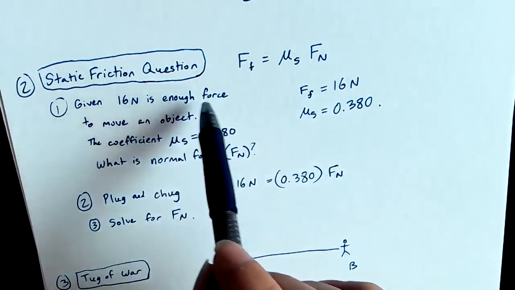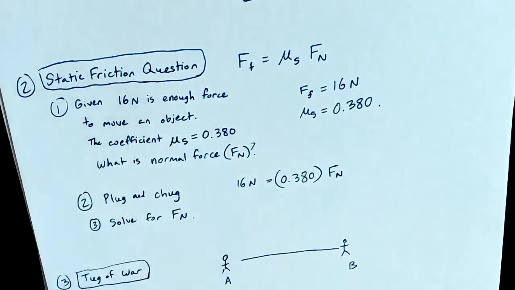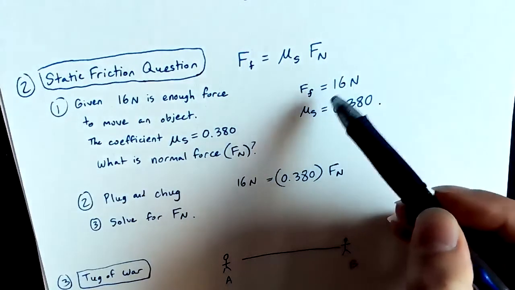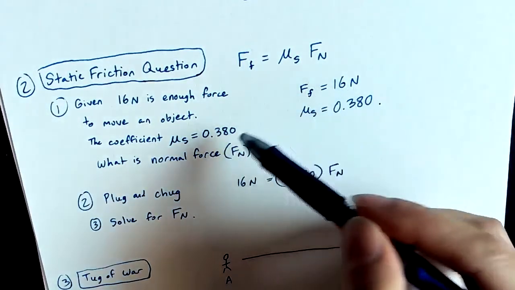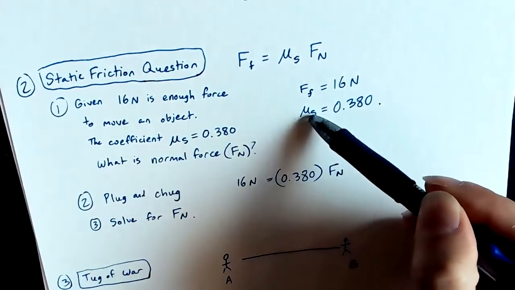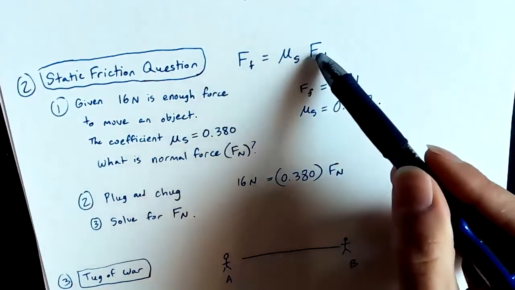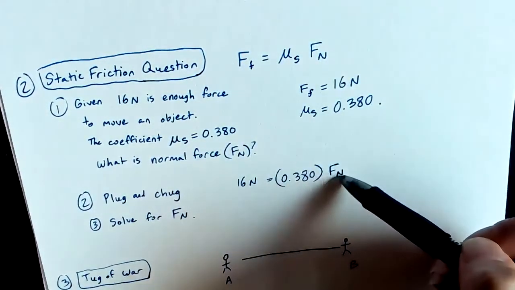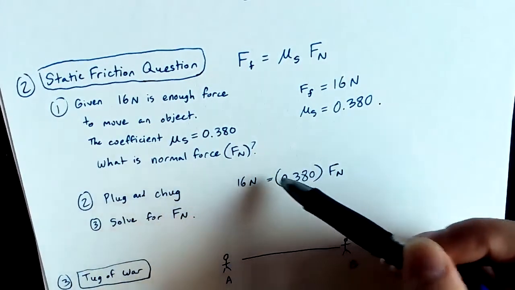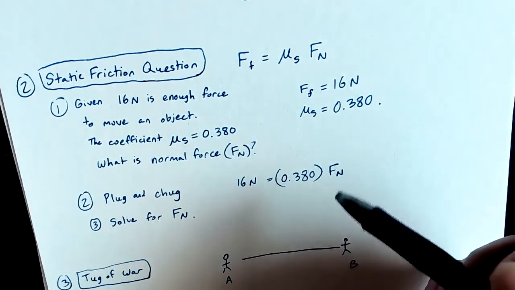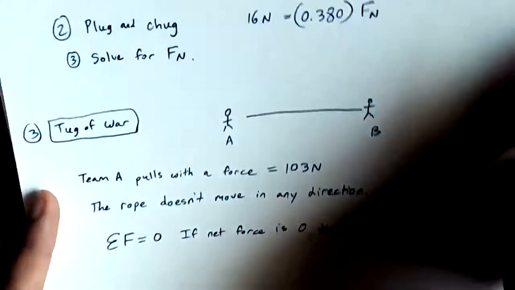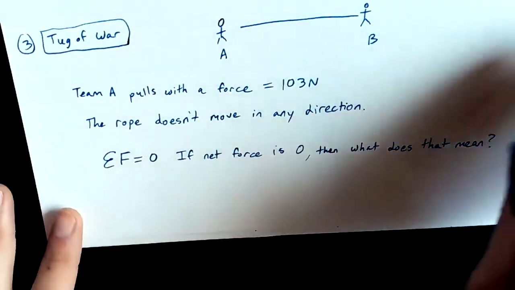Whenever it says "is enough force to move an object," that's a red flag for friction force. The friction force is 16 newtons. And then they give you the coefficient. So all you need to do is plug these numbers into the equation and solve for the normal force, right? Plug and chug. And then divide 16 by 0.380. And I'll let you do that on your own. But yeah, pretty straightforward question there.